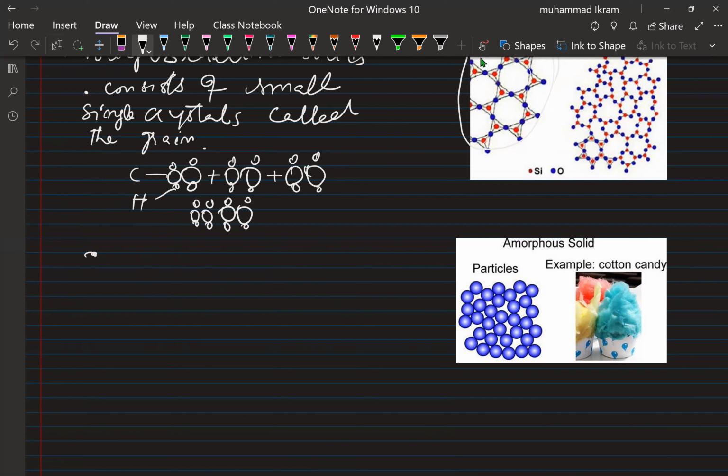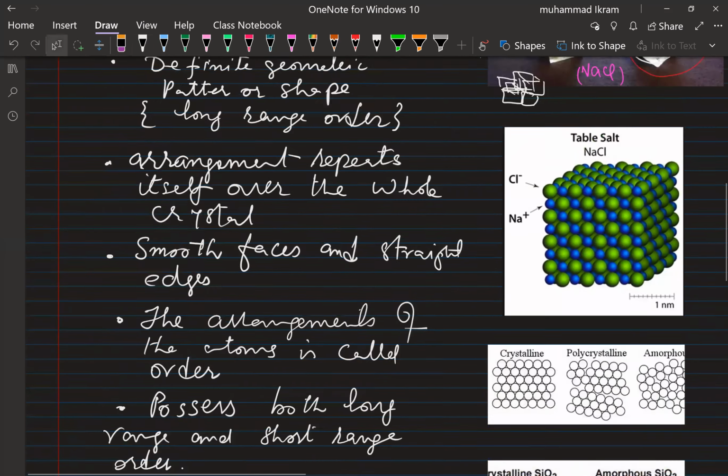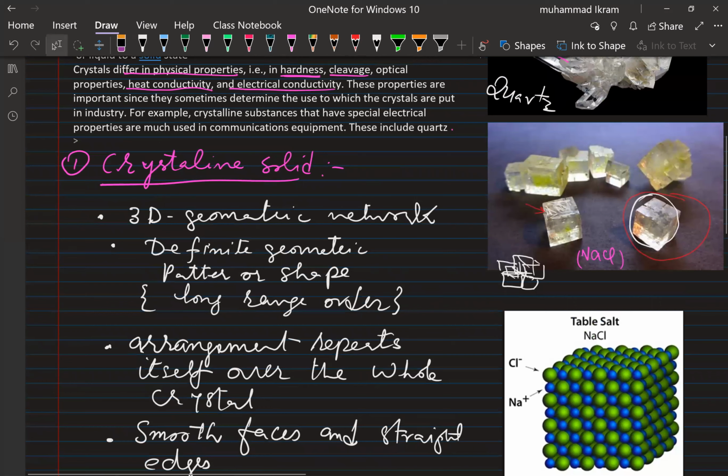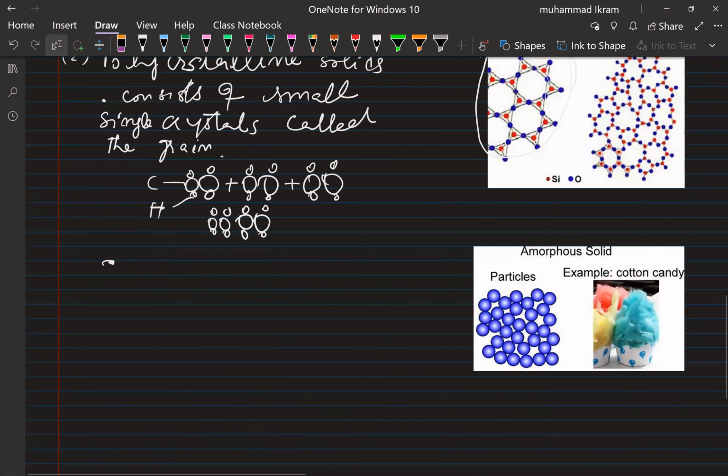The shapes in the single crystal solid were regular shaped. And here for the polycrystalline, the shape is totally irregular.